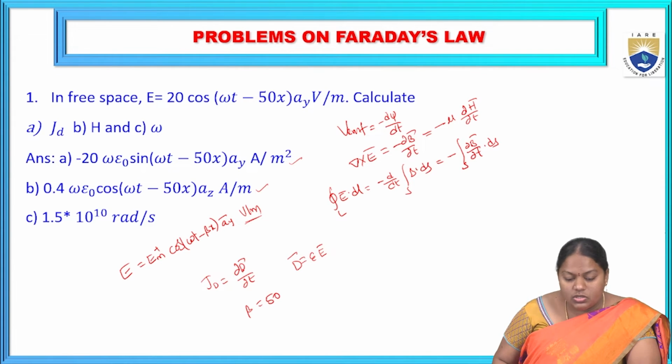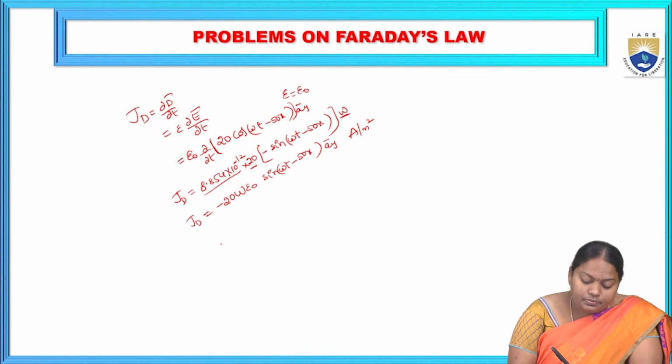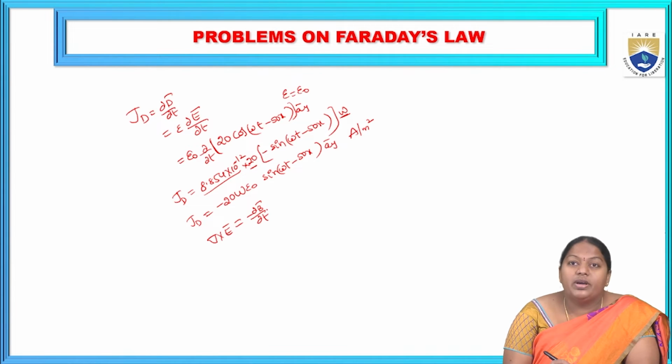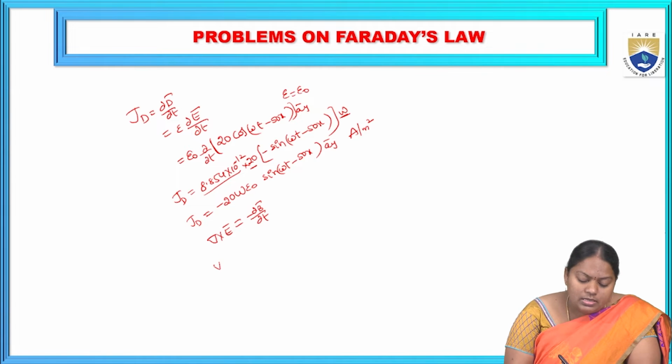As we know, for the relation between E and H, in order to find H we use del cross E bar equal to minus dou B bar by dou t, right? From this, del cross E bar is to be obtained.